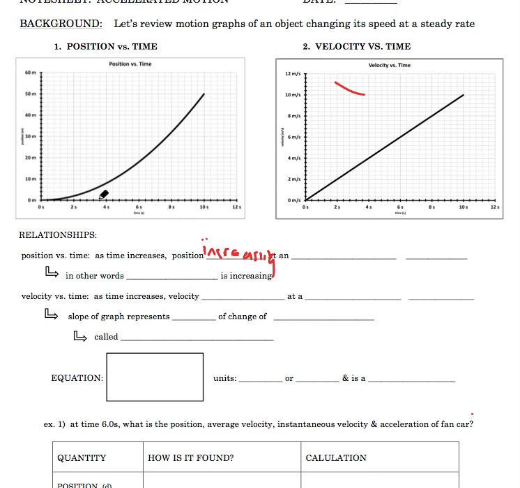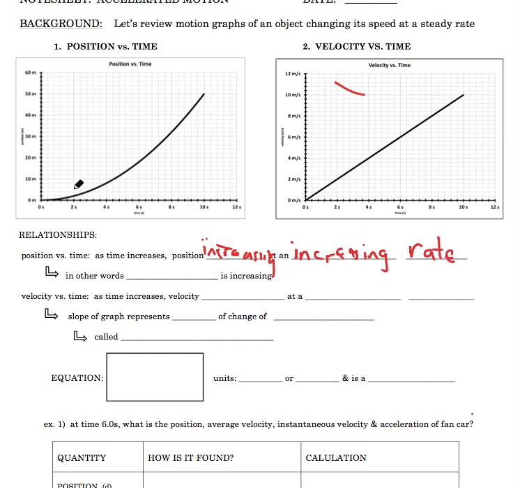Now what's less obvious is how it is increasing. Because of the upward concavity of this parabola, we can say it's increasing at an increasing rate. Something's increasing, its position, and something else is increasing, the rate at which it's increasing.